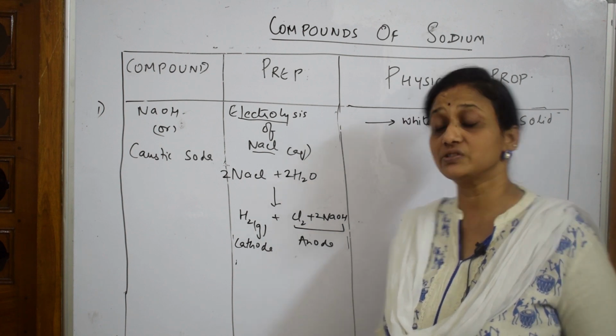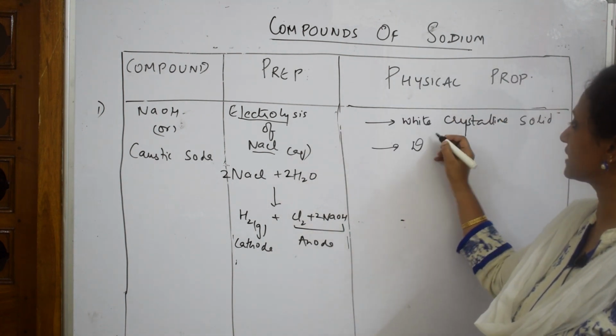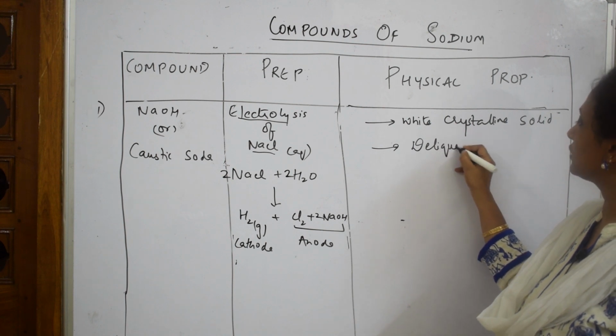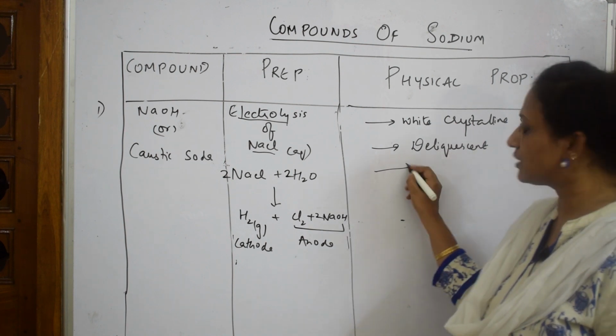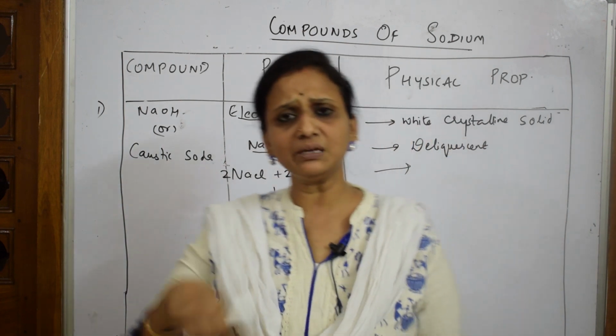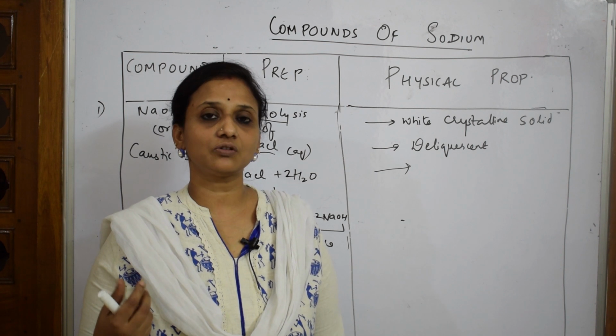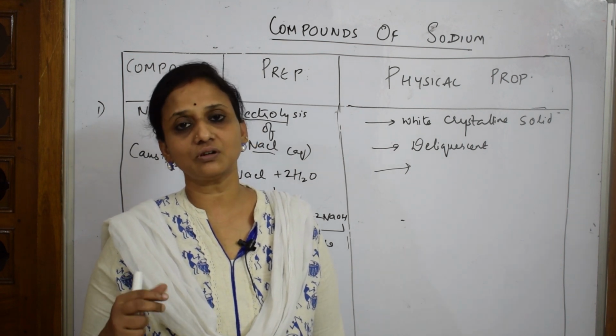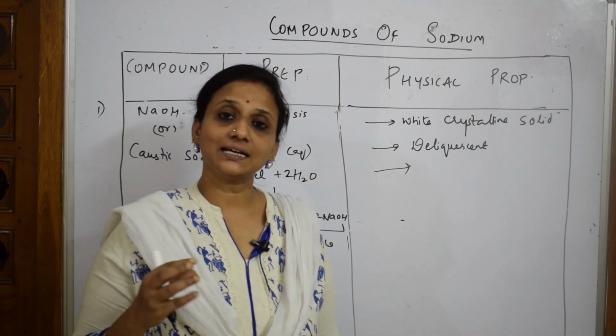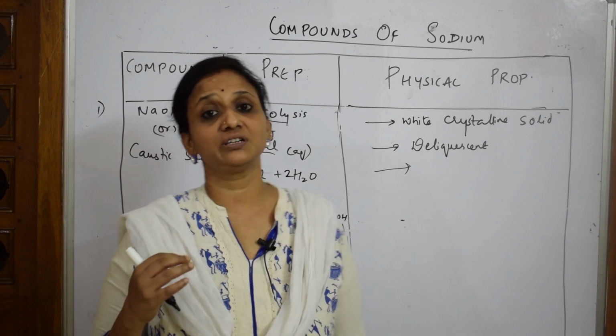They're going to absorb moisture. So the second important property is they are deliquescent. When I dissolve the sodium hydroxide crystal in water, it immediately dissolves. A base dissolved in water is called an alkali, and that alkali is very corrosive in nature.